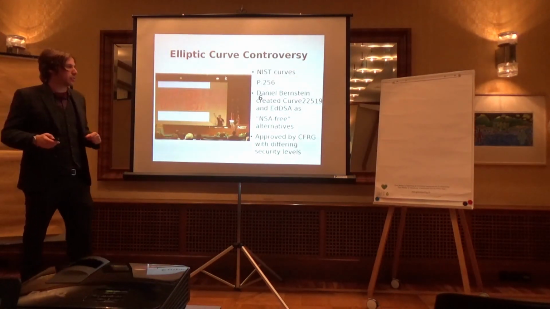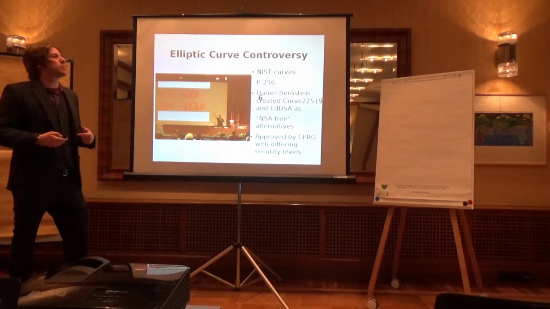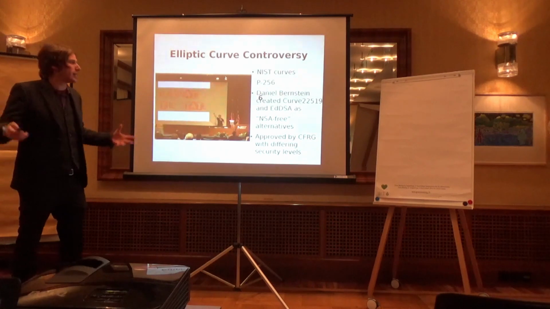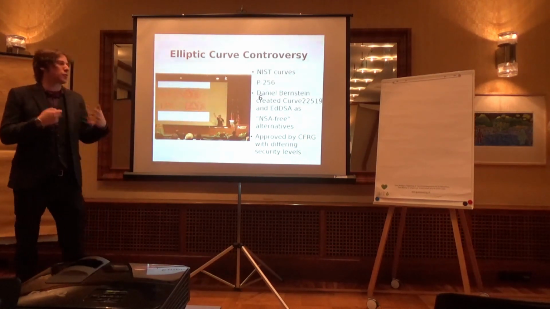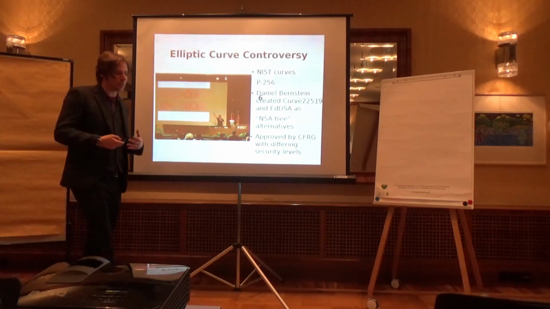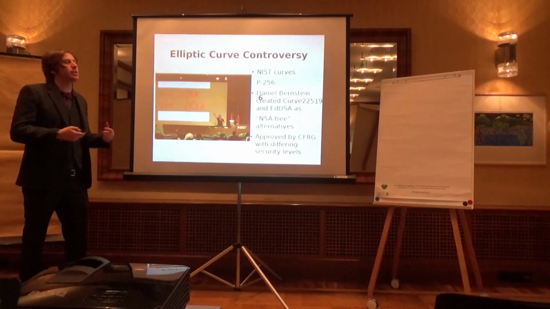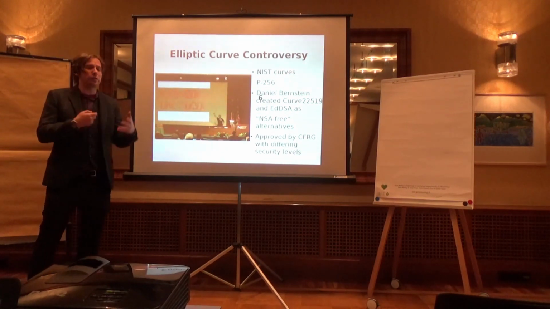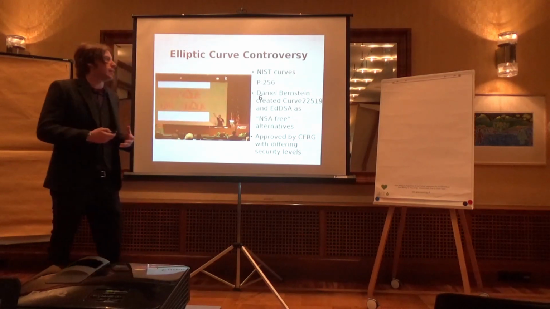Now, of course, this all came to fruition, and I think Brian will have a lot to say here, with this giant determination to have new curves to replace the NIST P-256 elliptic curve standards for Diffie-Hellman and for digital signatures. And there are various reasons for this. Daniel Bernstein would say, well, look, I believe they're subverted.